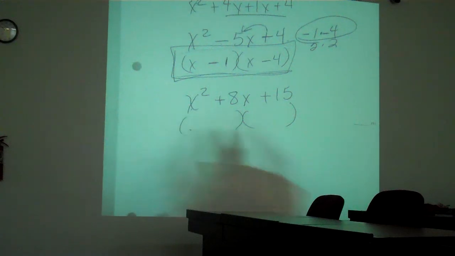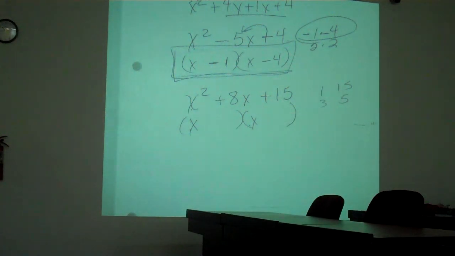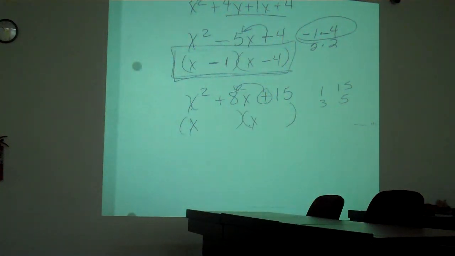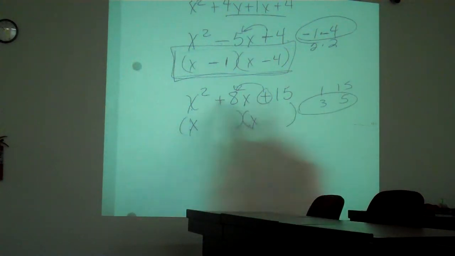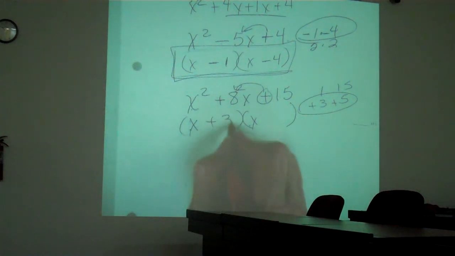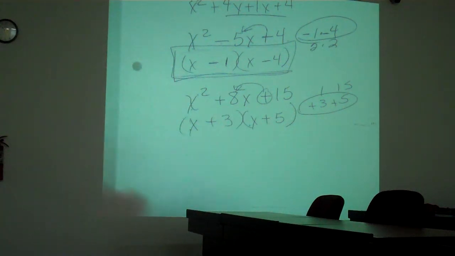So the first term is what? And we could do 1 times 15 or 3 times 5. Which one's added to give us 8? 3 and 5. And it's a positive 8, so they're positive, right? So how many people got that? A few of you? Okay, so y'all caught on really fast.